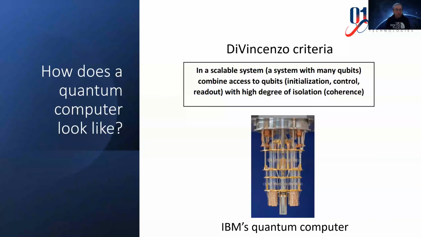Maybe the question is, how should a quantum computer look? David DiVincenzo has answered this question with his five criteria for implementing a quantum computer. According to these criteria, we need a scalable physical system with well-characterized two-level quantum systems called qubits.